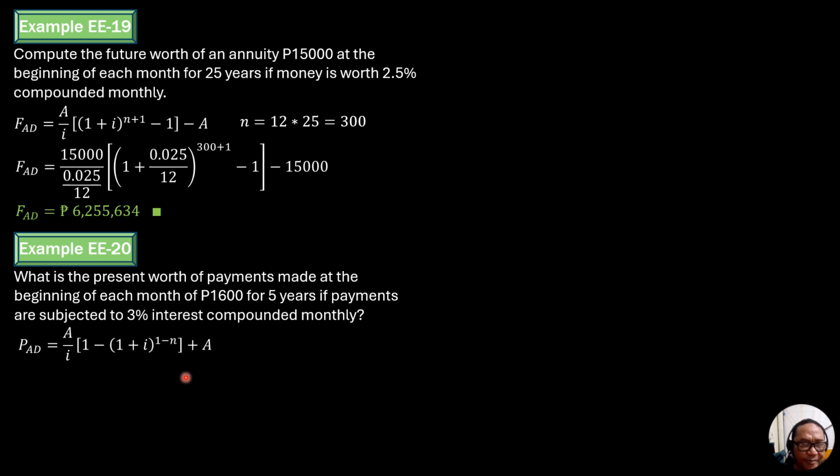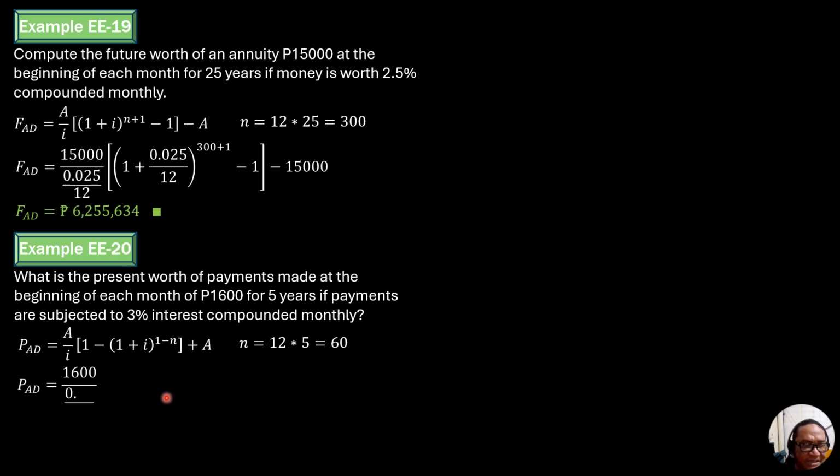So I is 0.03 divided by 12, so you just make it directly. N is 12 times 5 in this case, which is 60. So substitute. A is 1,600.